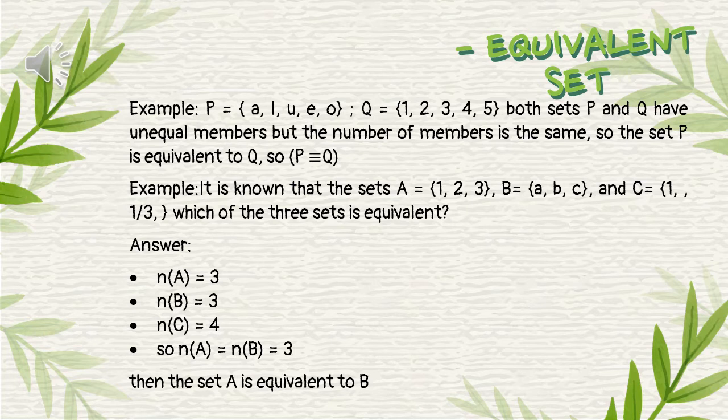And the answer is n(A) is 3, n(B) is 3, and n(C) is 4. So n(A) equals n(B), which is 3. Then set A is equivalent to B.